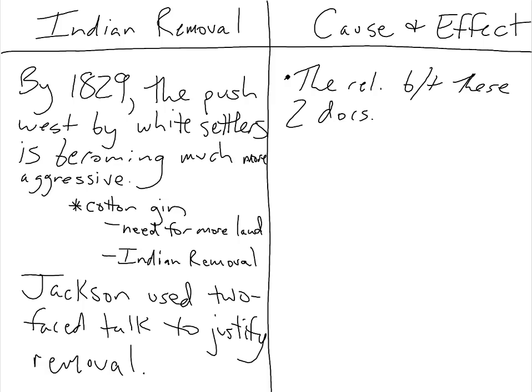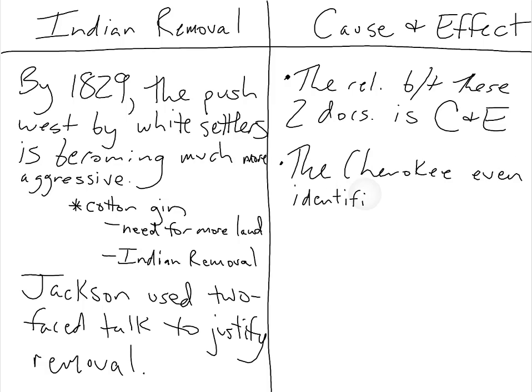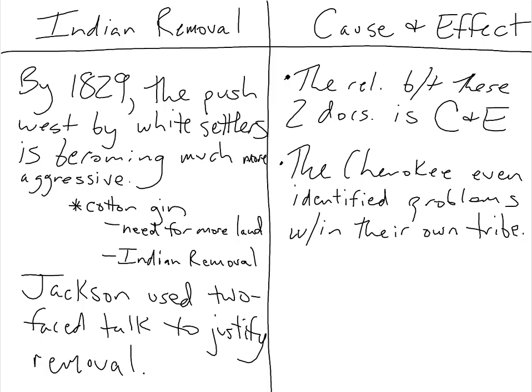Notice I'm abbreviating using numbers to go a little faster in my planning stages. The relationship between these two documents is cause and effect. The Cherokee even identified problems within their own tribe, such as the drunkenness, etc. Now, a lot of this had been pushed upon them.